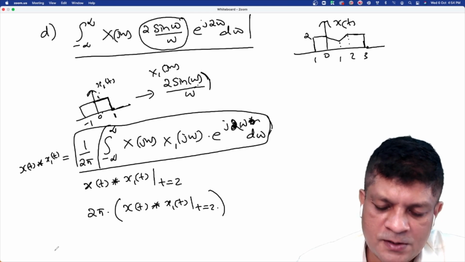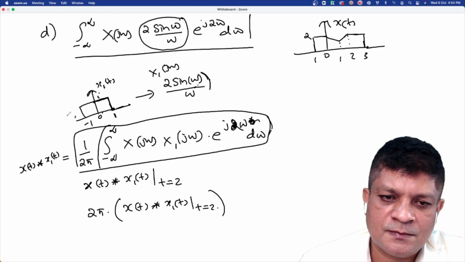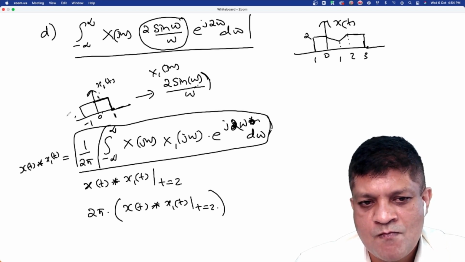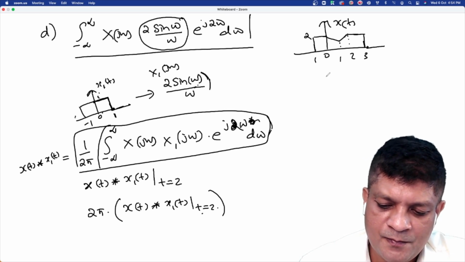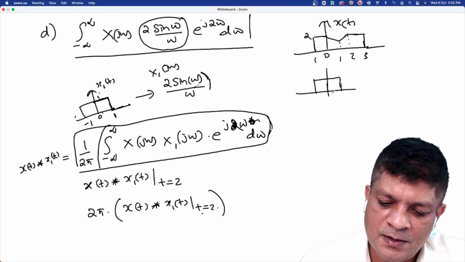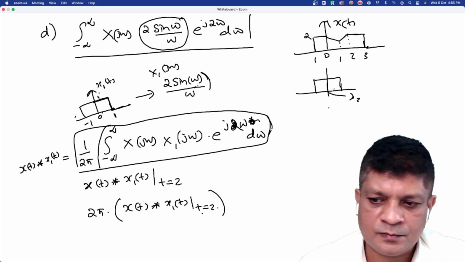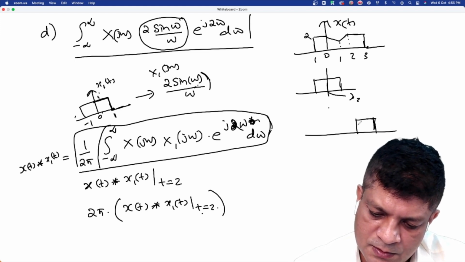This is a rectangular pulse. What is the convolution operation? You have to flip this and shift by how much, for finding the convolution at t equal to 2? When you flip this, you will get this, because this is an even function, and then you have to shift this by 2.